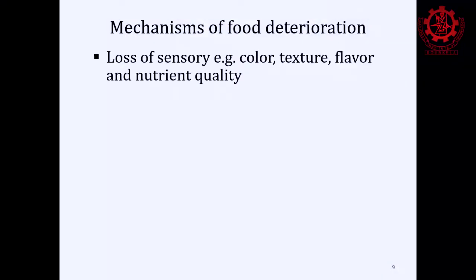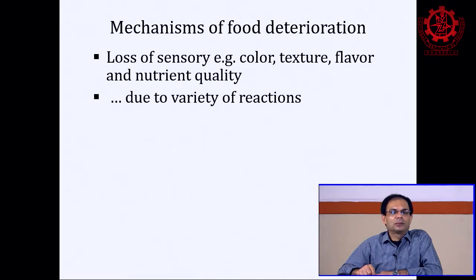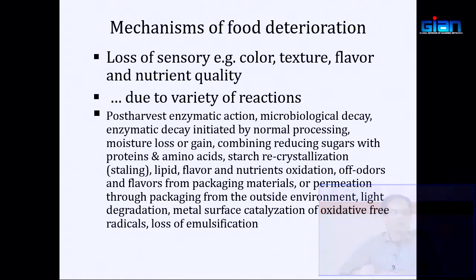Okay, so what are the mechanisms of food deterioration from the shelf life determination point of view? As you all mentioned, the loss of sensory qualities such as color, texture, flavor, nutrients, and so on. And this loss happens due to a variety of reactions.